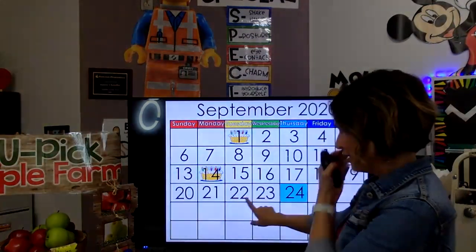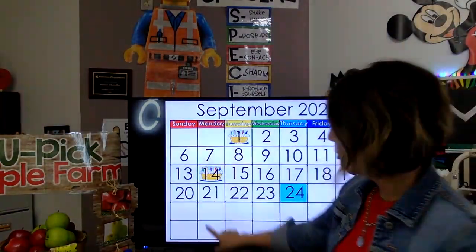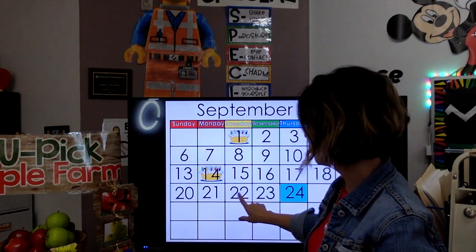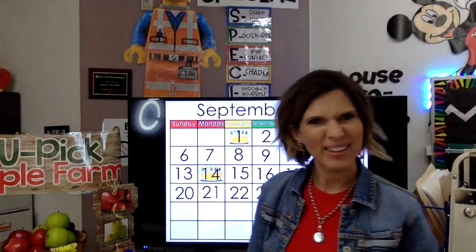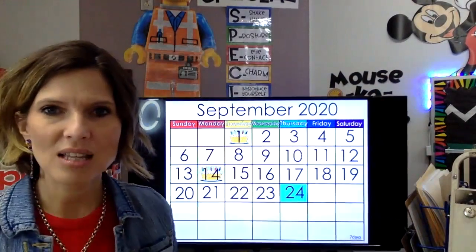So we have, it's kind of a pattern, isn't it? We've got 2, 0, 2, 1, 2, 2, 2, 3, 2, 4. Do you see how it's kind of a pattern there? You have the 2's and then a number after it.